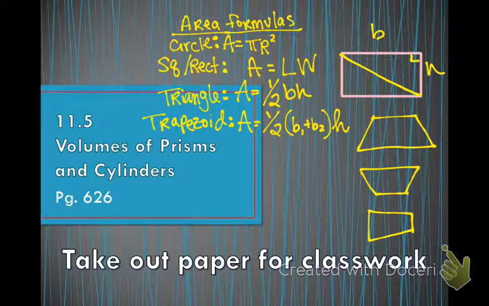So these are the only formulas for area that you'll need to know. You will need to know the volume formula when we get there. B1 and B2 stand for, B stands for base. But these are going to be the parallel sides, because there's obviously 4 sides in a trapezoid. They're going to be the parallel ones.